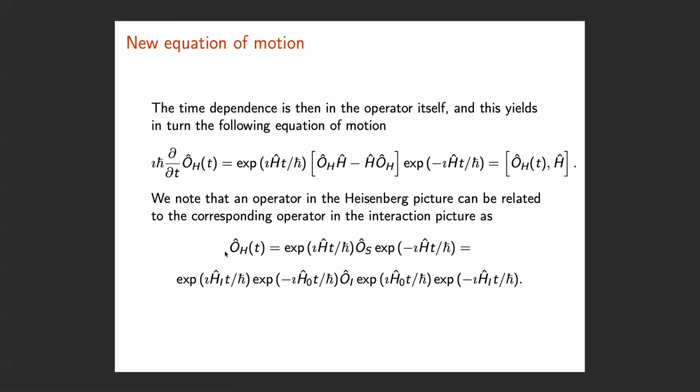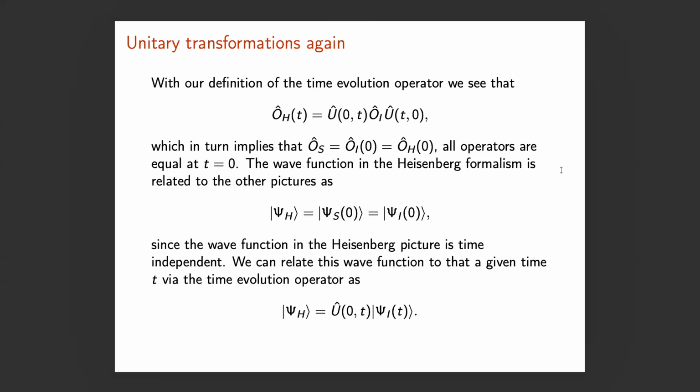And you can find that an operator in the Heisenberg picture is given by this specific transformation, where you have the operator in the Schrödinger picture. And you also find the same equation of motion, but they are slightly different now. So they're given by this commutator between the operator you're looking at and the Hamiltonian of the system. So there are slight differences.